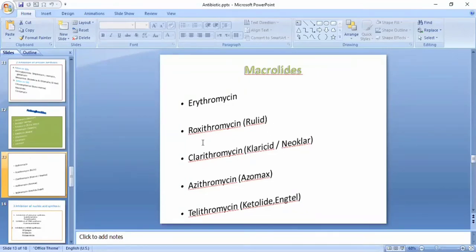And then comes clarithromycin, a very important drug for tonsillitis and pharyngitis.